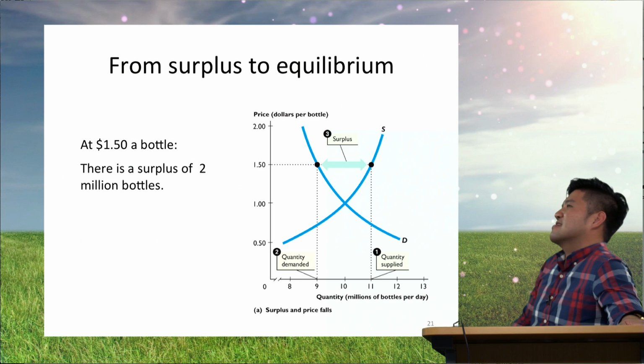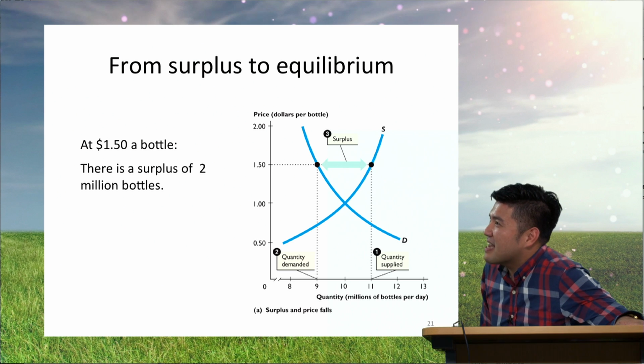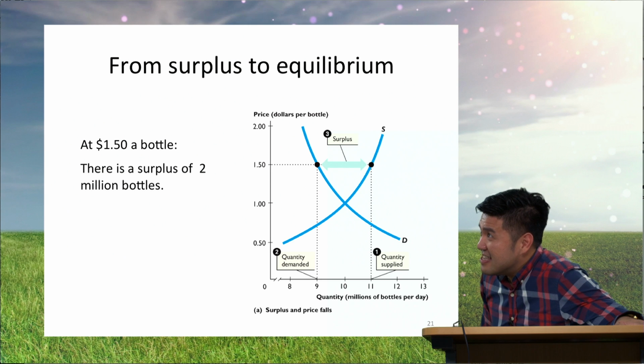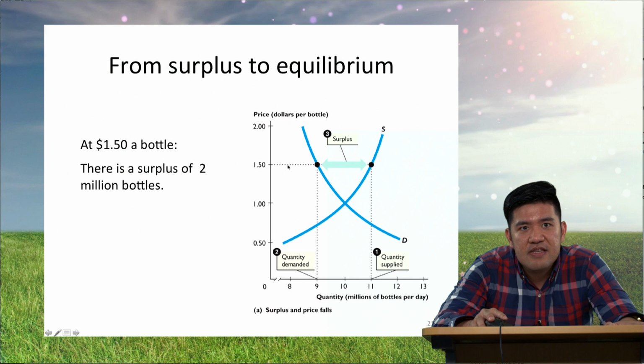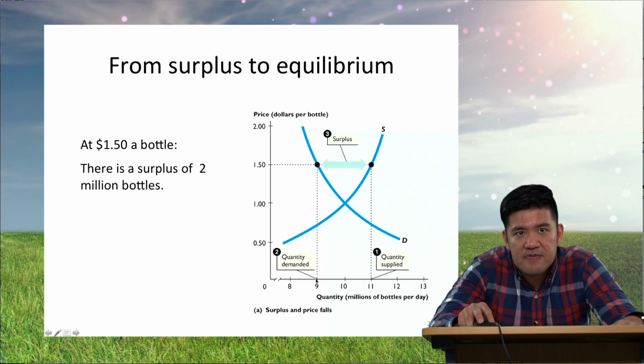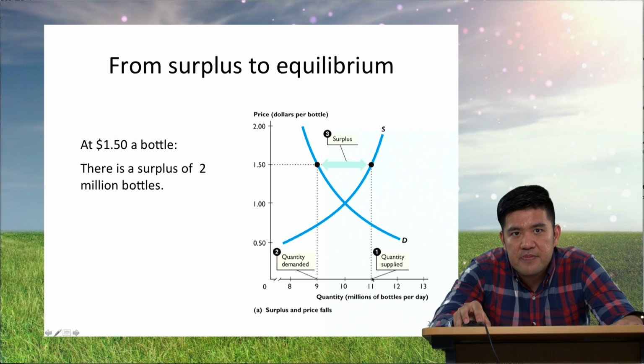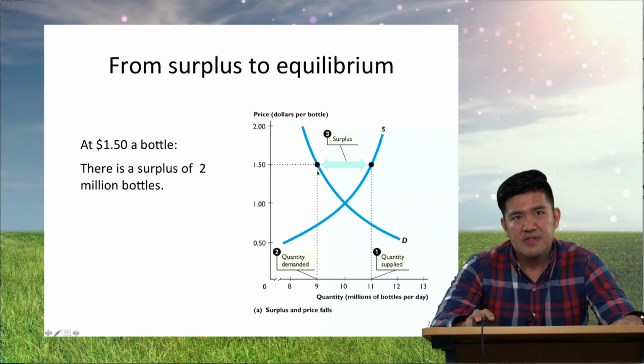But suppose price is at $1.50. See, at $1.50, quantity demanded is 9. Quantity supplied is 11.